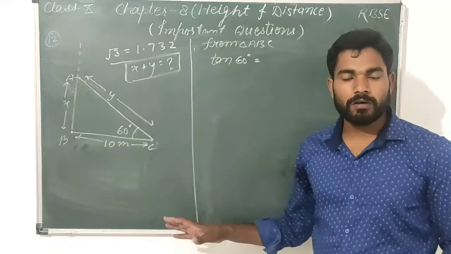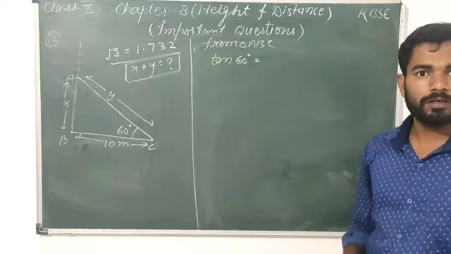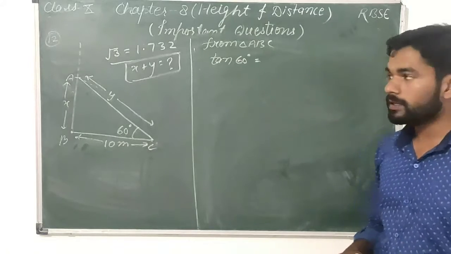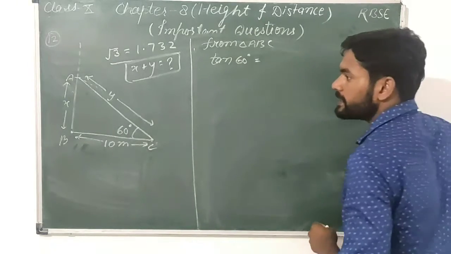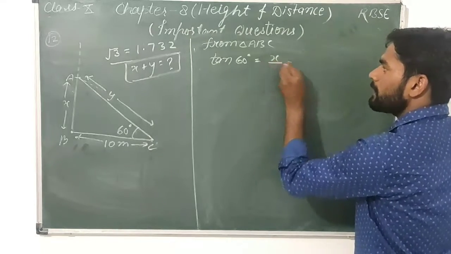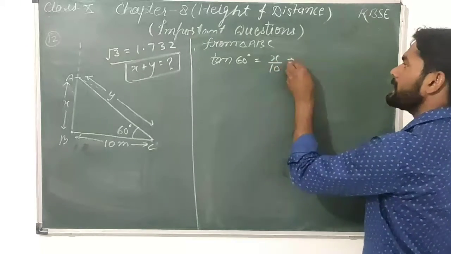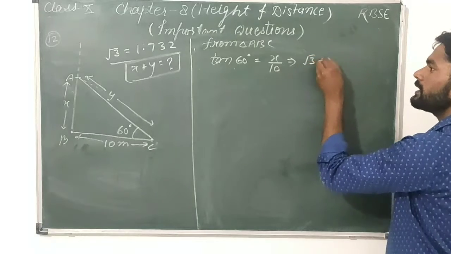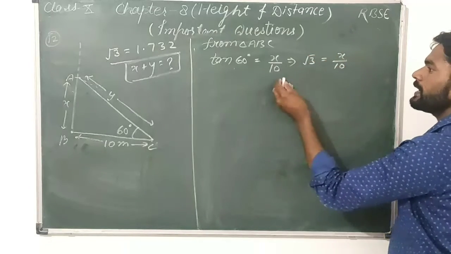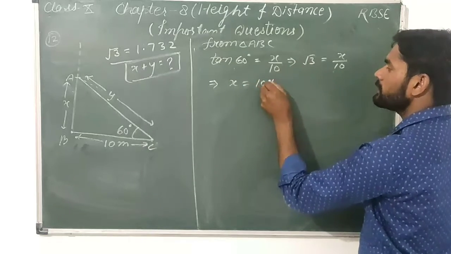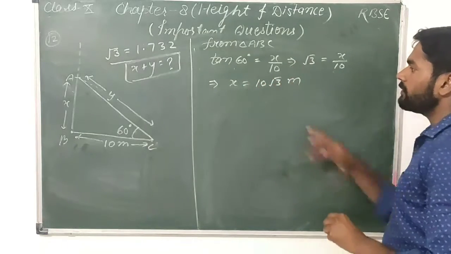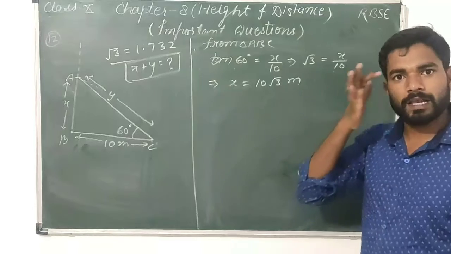This lecture is only for revision work, so I am not mentioning everything. Important steps I am writing only. Tan 60 is equal to x upon 10. Implies that tan 60 is root 3 equal to x upon 10. Finally, from here we can say that x is equal to 10 root 3 meter. And the value of root 3 we will apply in the last.